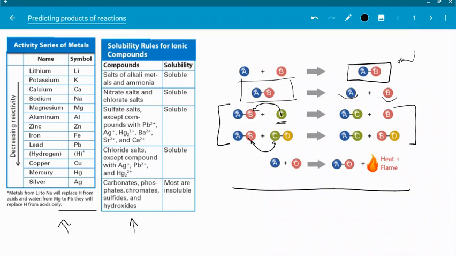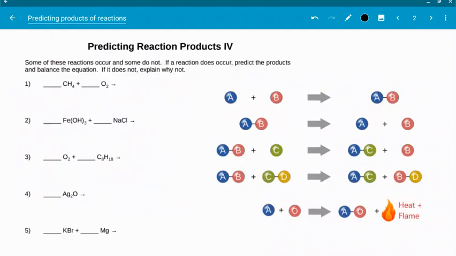And then the last kind is the combustion reaction, where you need to have, in this diagram, A to be a hydrocarbon, oxygen to form carbon dioxide, water, and the release of heat in the form of like light or like a flame.